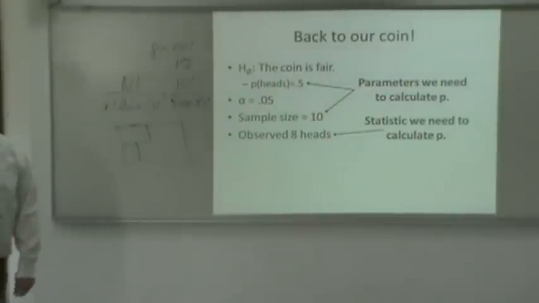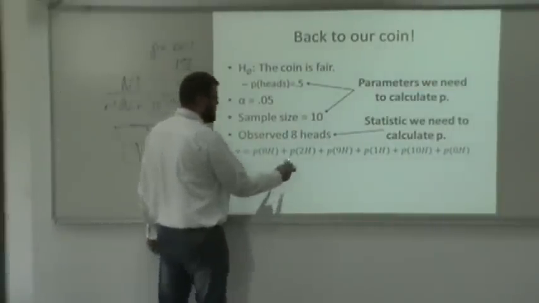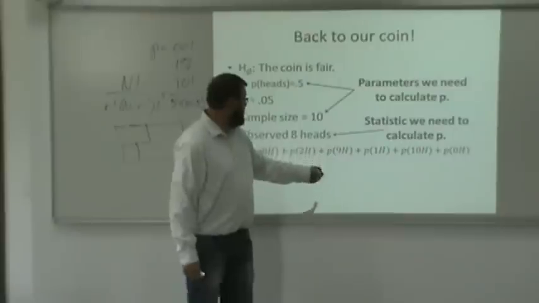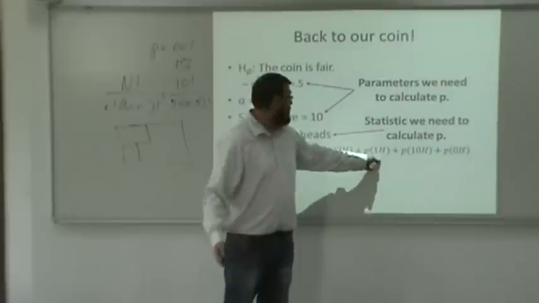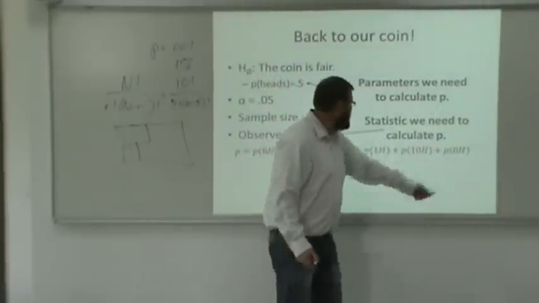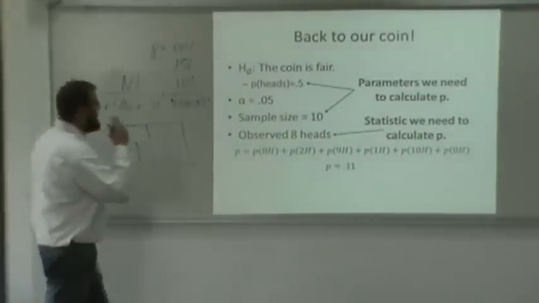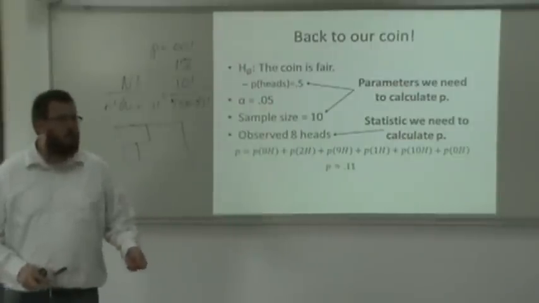That's the statistic we need to calculate P. The probability of getting 8 heads, plus the probability of 2 heads, which is as extreme, plus the probability of 9 heads, which is more extreme, plus 1 head, also more extreme, plus 10 heads, plus 0 heads. So the probability of getting 8 heads in 10 flips is approximately 0.11.